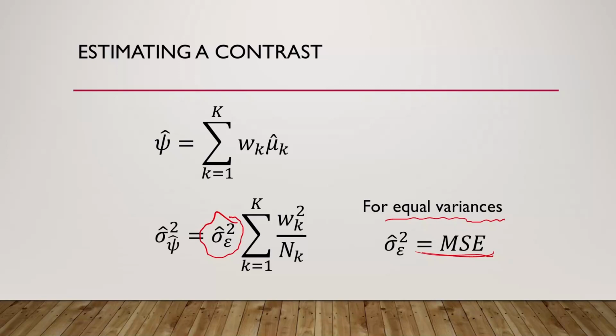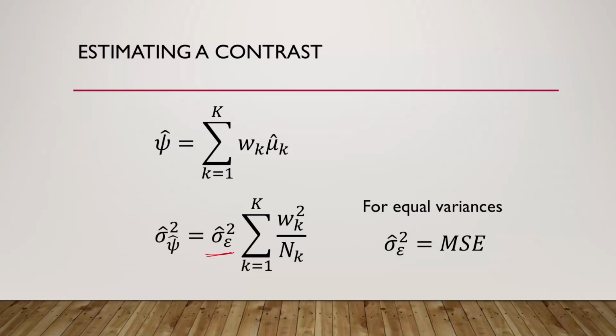If I don't have equal variances, let me go ahead and clear my markings here and write something down. If we don't have equal variances, we have to bring that variance here that we're assuming to be equal.